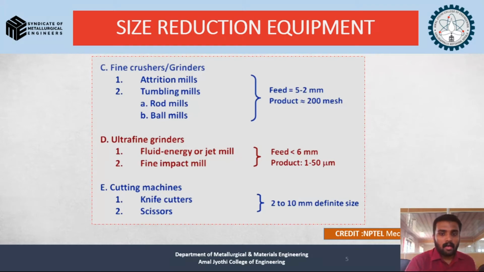What is the size limit of a micron? 10 raised to minus 6. That is extremely minute, and we are getting products like this. We are feeding products in the size range below 6 mm, and we are obtaining the output in the micron scale. And we have the fine impact mill.